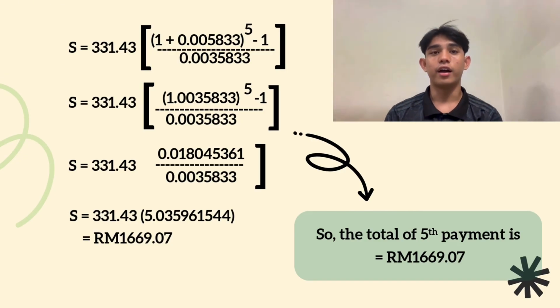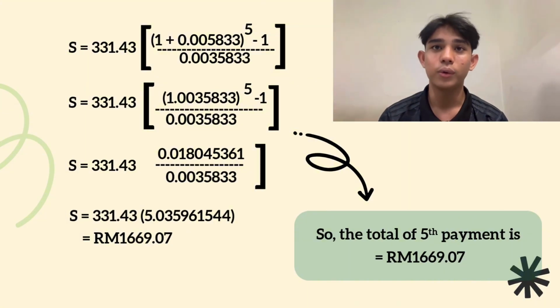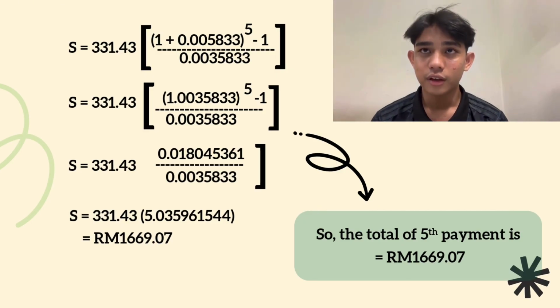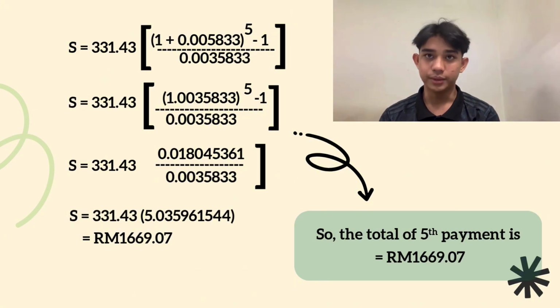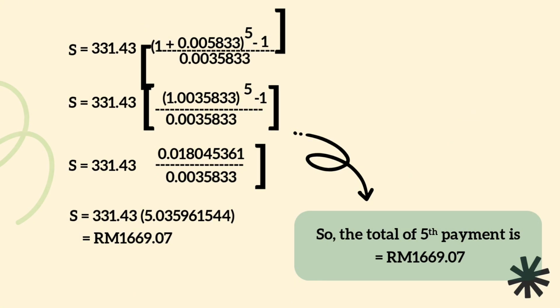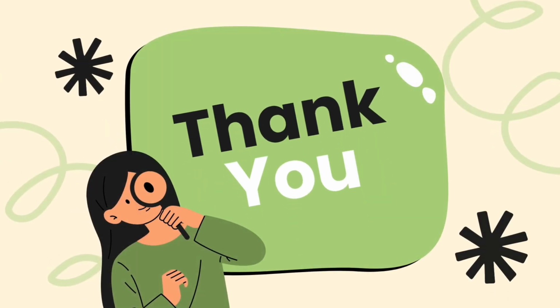Multiplying those numbers, the total of the fifth payment is 1,669.7 ringgit Malaysia. That's all from me for my questions, and thank you.